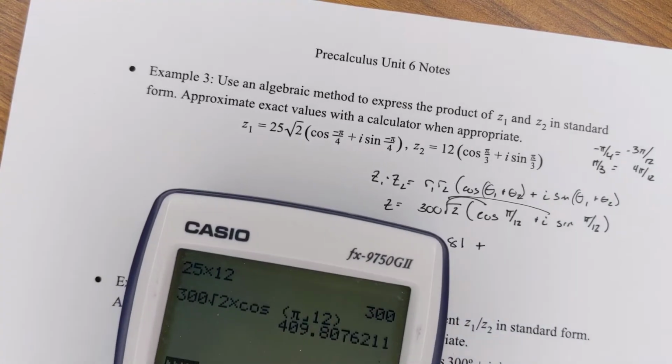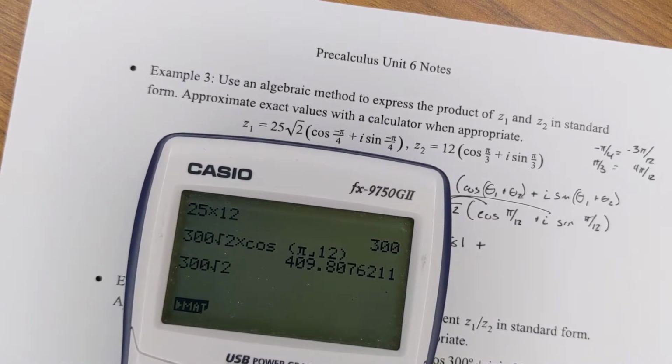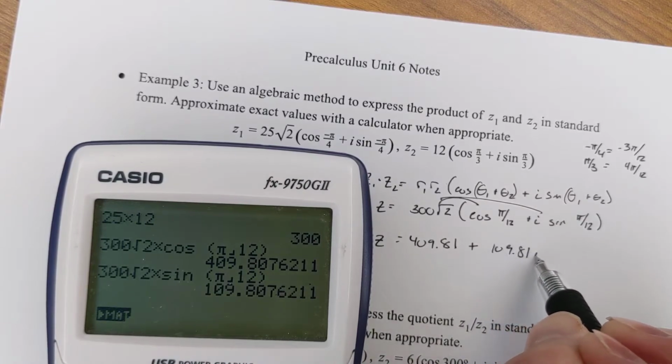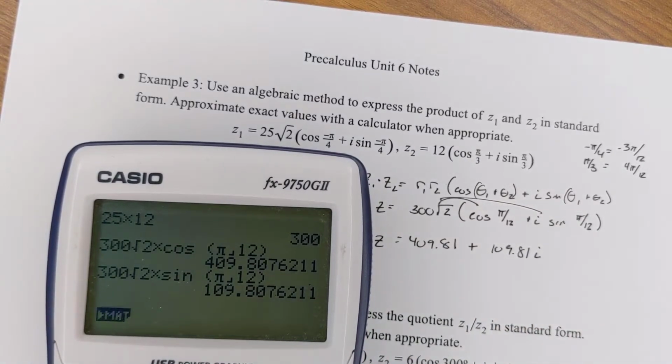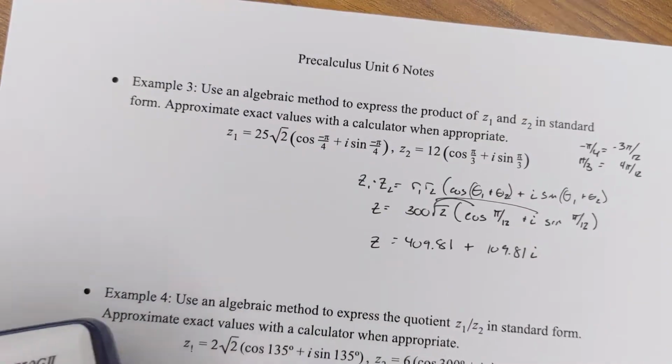Plus, and then the same thing, so 300 square root 2 times the sine. Notice I left the i out because I'll just put that back in at the end. So 109.81. The i just goes back at the end. Okay, so there we go.